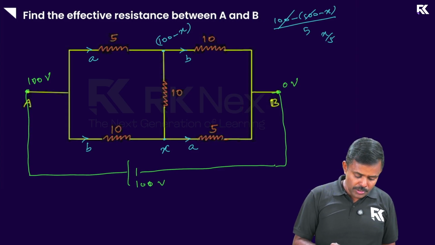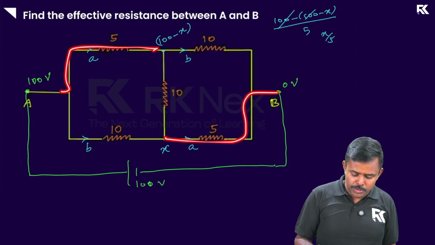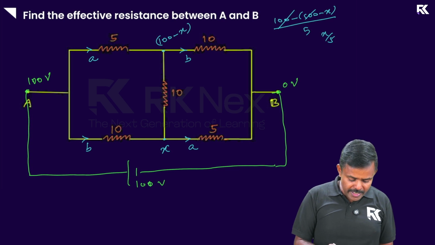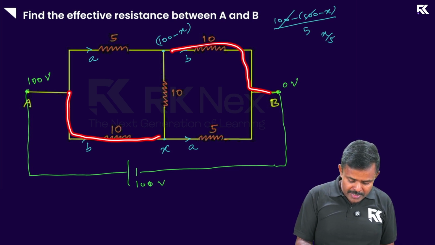So if the current here and the current here are to be the same, I need to take this potential as 100 minus X. You can try doing the same thing to this and this as well.